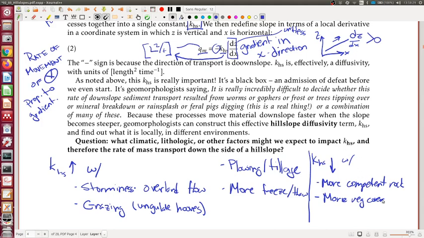So with this, we have a relationship saying that the discharge per unit width of material moving down a hill slope is related to some constant of proportionality that might be related to the climate, the weather, the land use of a particular area, the animals. Forgot, I'll even put in gophers.